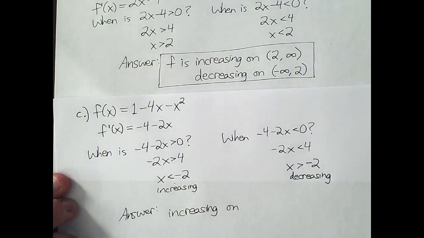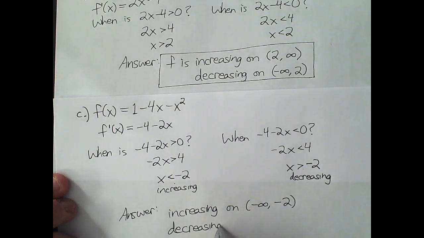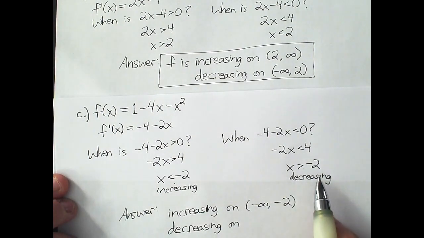How do we write everything less than -2? That would be negative infinity, comma, -2. And it's decreasing on... How do you write an interval for everything greater than -2? It's going to be -2 to infinity.